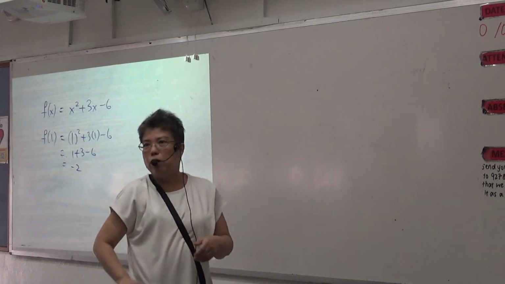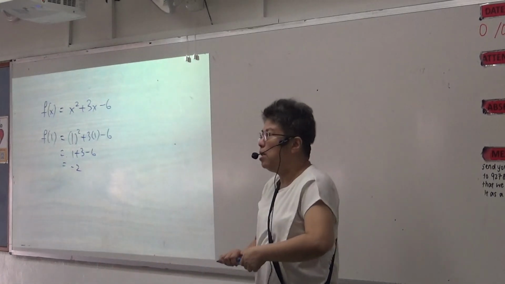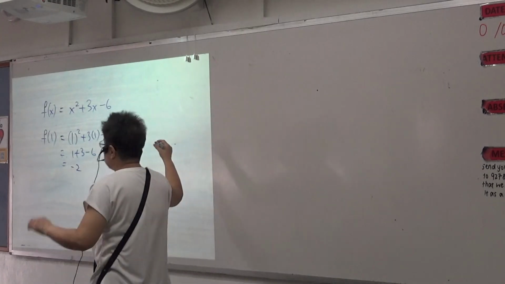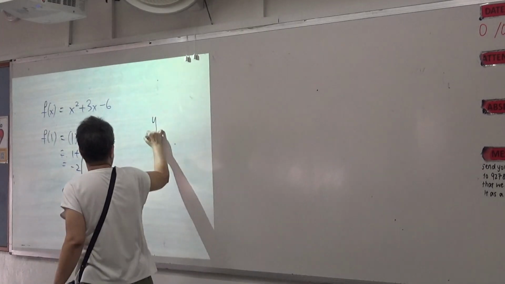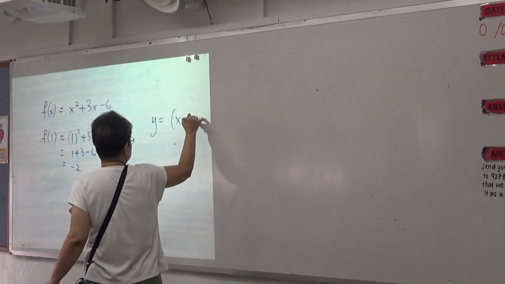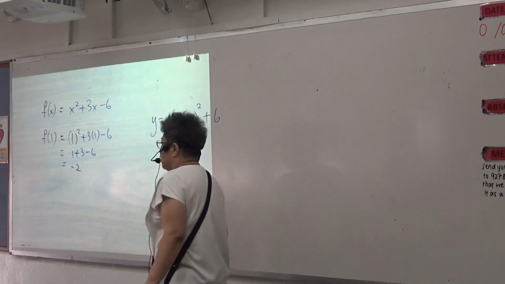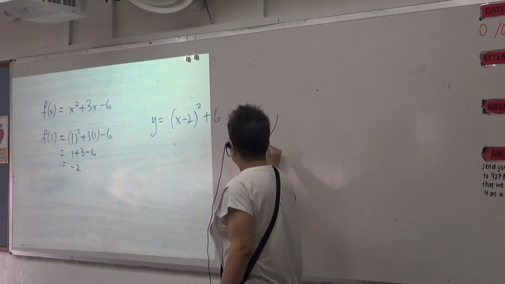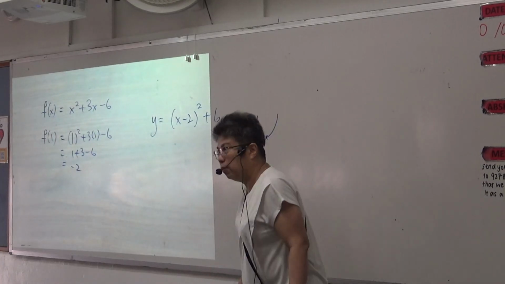Okay? And I also talk about maximum and minimum value. Correct? Now, in a completed square form, for example, this one is a U shape. Correct? That means it will have a minimum value.